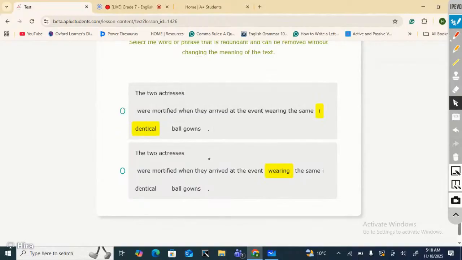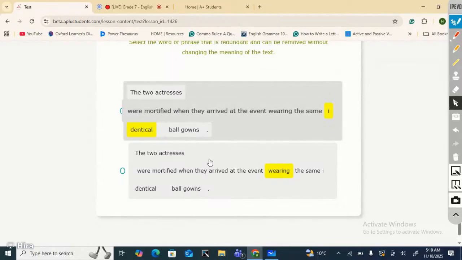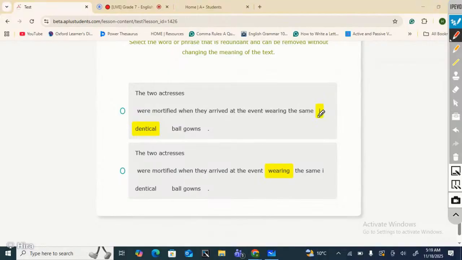Well, Ben is saying it's option one. If you say it's option one, it means you say that the word identical is redundant, right? The word identical. Why is it redundant? Let's find out. Because the sentence has another word which means the same.